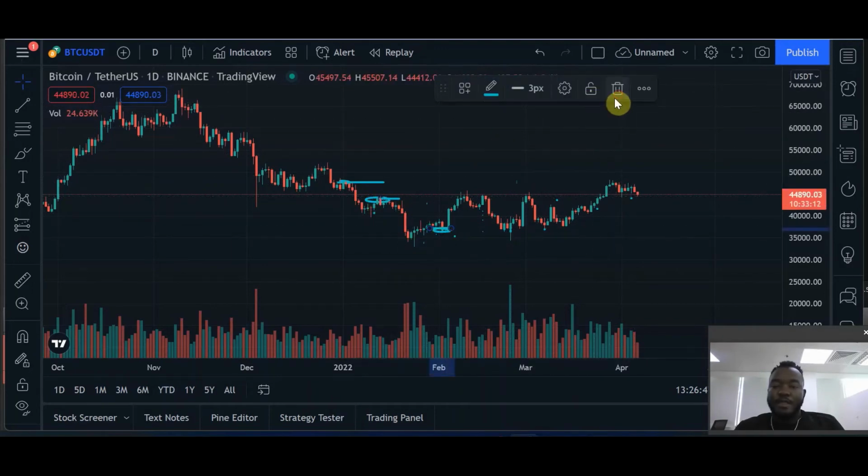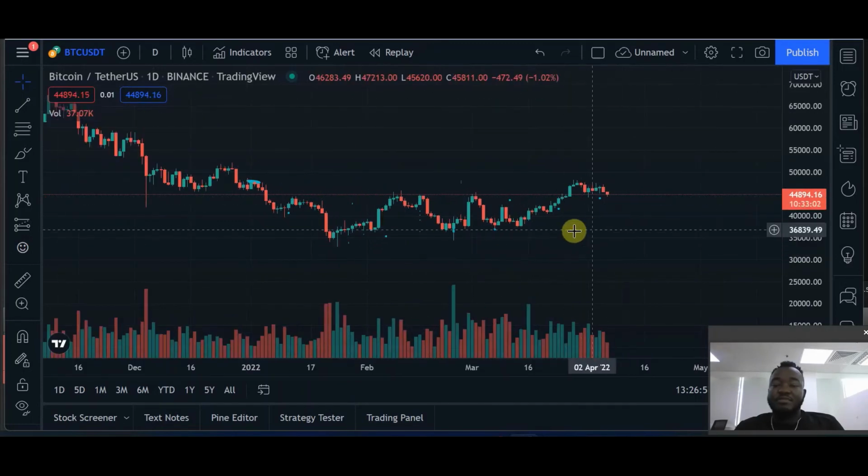Now you can see that we have cleared all our charts, and I hope by now you have understood the meaning of point of interest. Those are areas that the buyers and the sellers are focused mainly on.